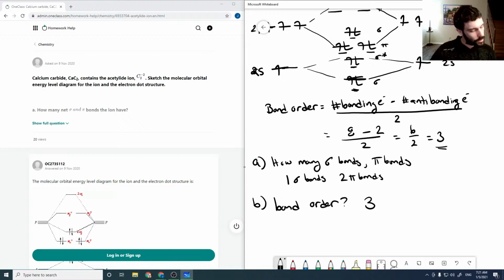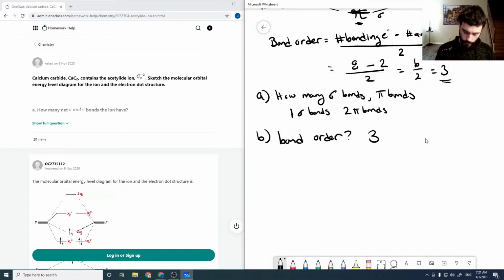The next question is to compare valence bond theory with MO theory.